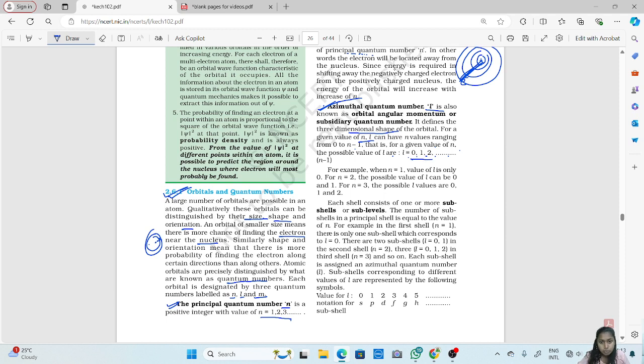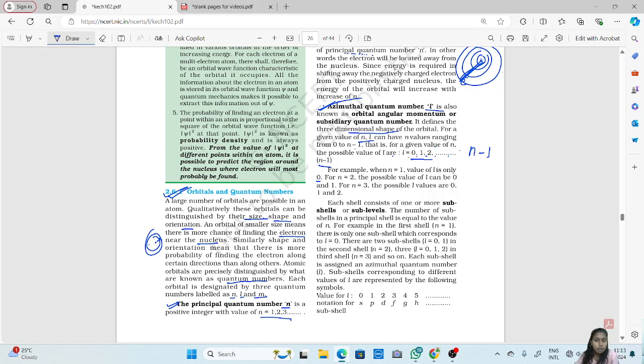It can start from 0 up to n minus 1. For example, when n equals 1, the value of l is only 0. Why is the value of l 0? Because the value of l can be calculated by n minus 1.